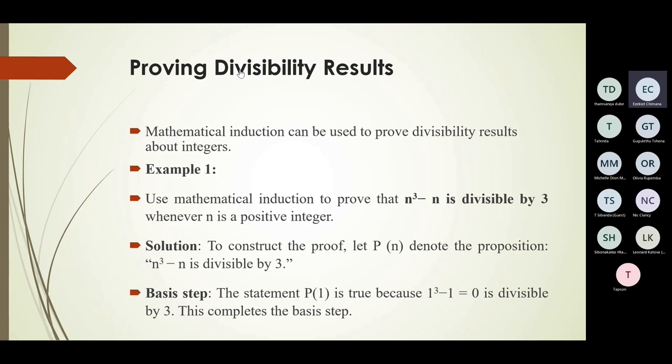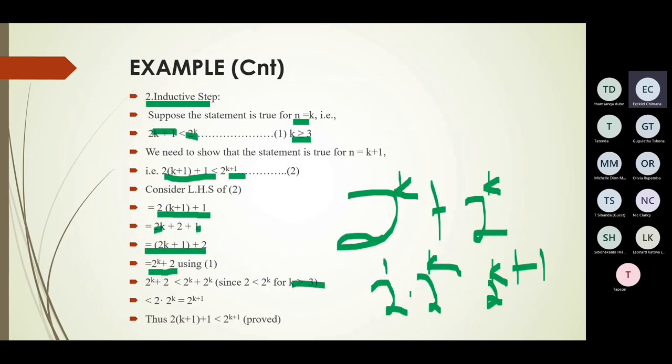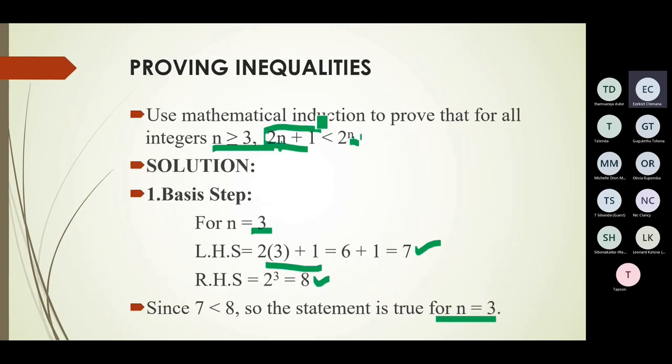And your conclusion will always be simple, because what you have to do is follow the steps of the principle of mathematical induction. So like here, we were being asked to prove that for all integers n greater than or equal to 3, 2n plus 1 is less than 2 to the power n.